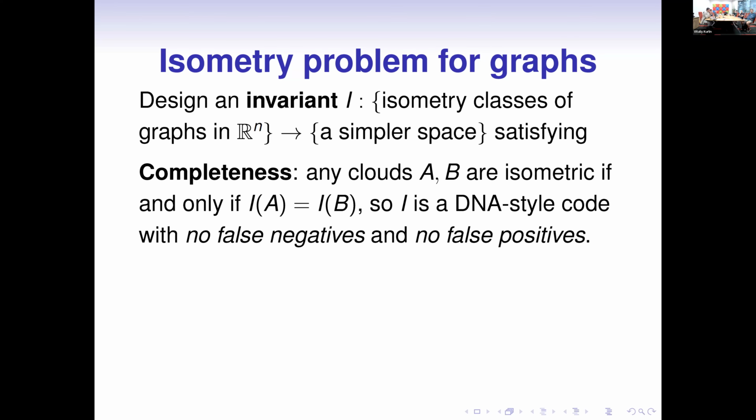Okay, so let me clarify. The problem actually contains two big parts. One part is an invariant. Yury gave a simple example of an invariant. When we say molecule in this talk, we mean molecular graph, so a graph embedded into a three-dimensional space. So an invariant could be, for example, the number of vertices, the number of atoms in a given molecule, which is very simple.